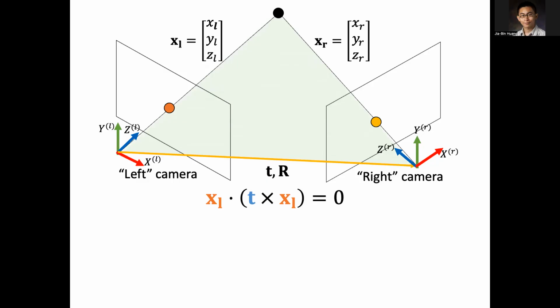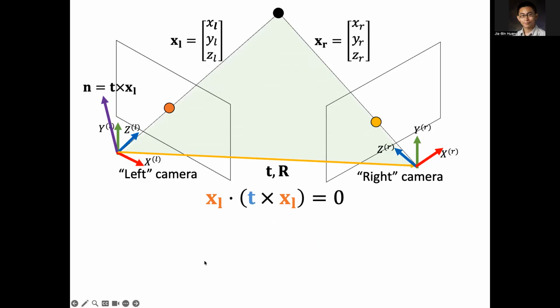So far so good? Make sense? Now the key is that I want to derive a relationship between these two point matches. How do I describe them? This is XL and T cross XL, which is the normal, but it still doesn't tell us anything yet.